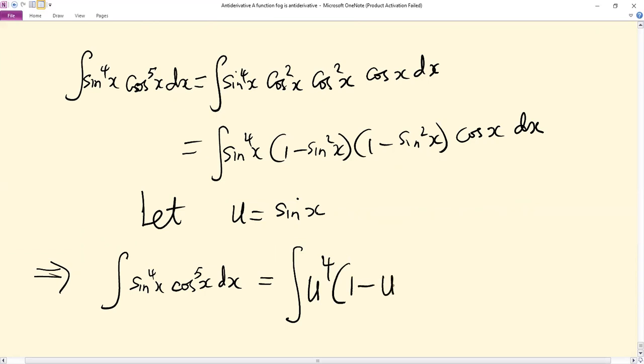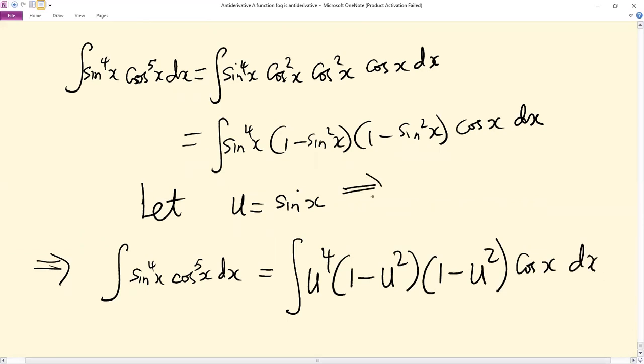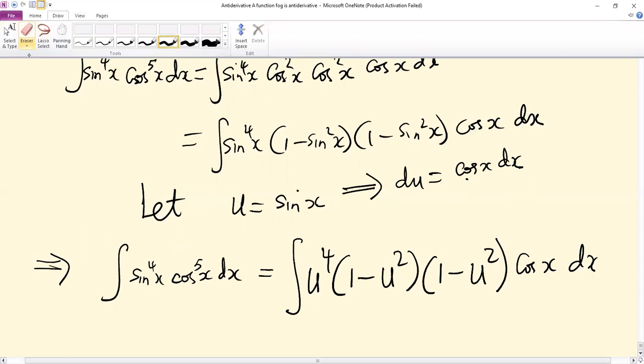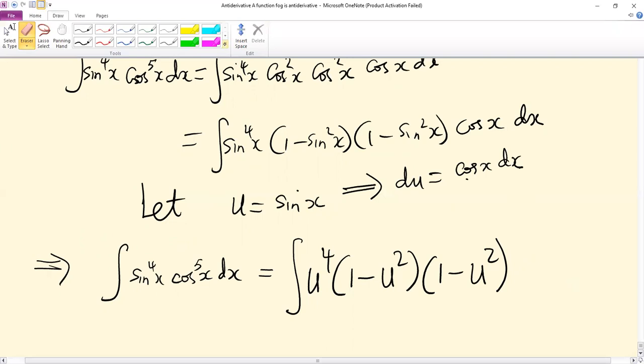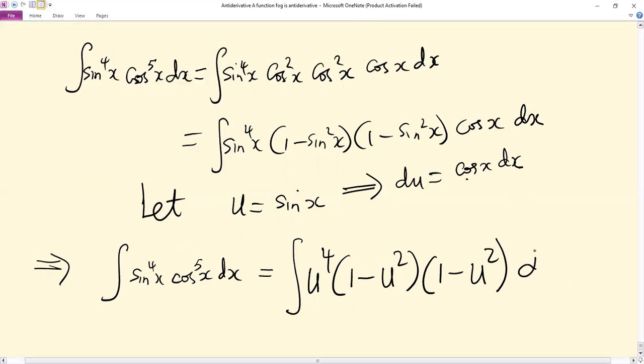This will be 1 minus u squared, this will be 1 minus u squared, and then this is cosine of x dx. But this means that du is cosine x dx. So where there's cos x dx, I just replace it by du.